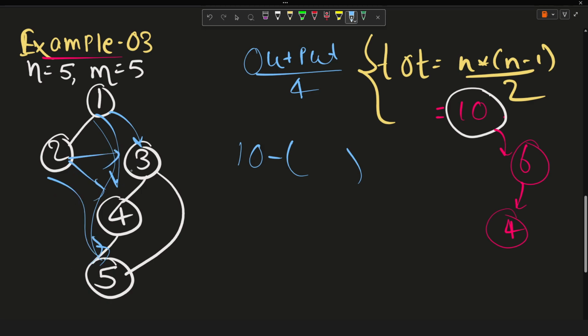That is a total of 6 pairs. And what is this 6? It is nothing but the total number of elements present in this component times the total number of elements present in this component, that is 2 into 3, that is 6. So 10 minus 6 is 4, and this is what the expected output for this problem is.